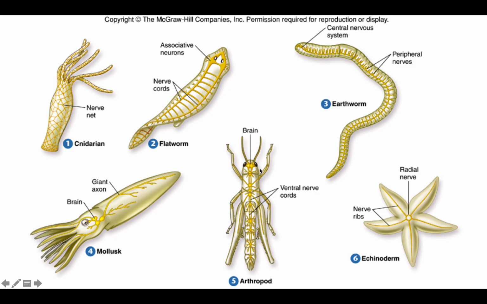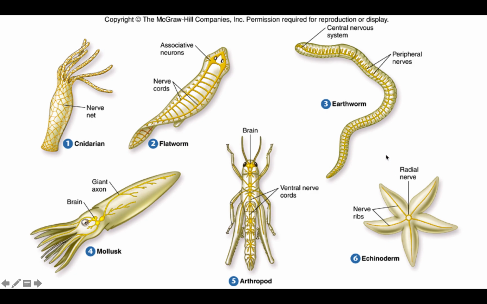And then arthropods, here you have cephalization up in the head, and then you have nerve cords and nodes here that are going to provide information. And then finally, you have different radial nerves and a centralized kind of thing here for echinoderms.